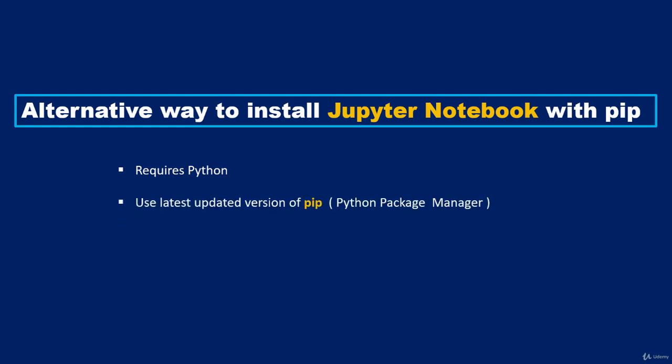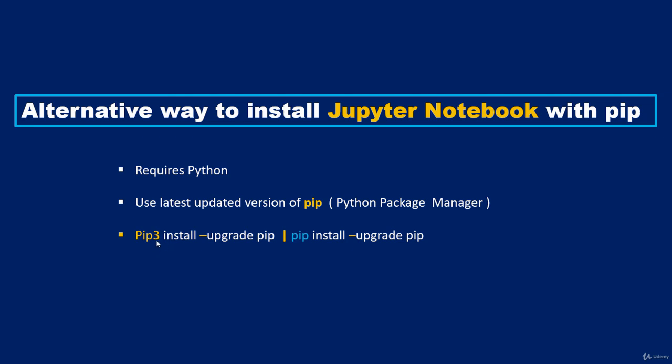And the way you can do that, if you are using a Mac, Mac comes pre-installed with Python version 2.7. So if you want to upgrade pip on a Mac, you will have to type in pip3, which means that you are referring to pip version 3 and not version 2.7.